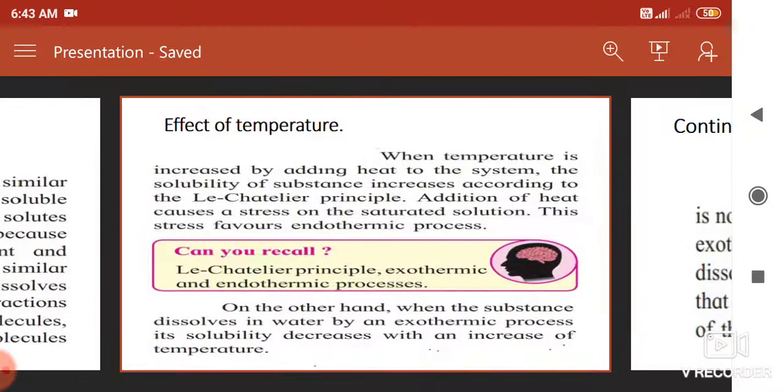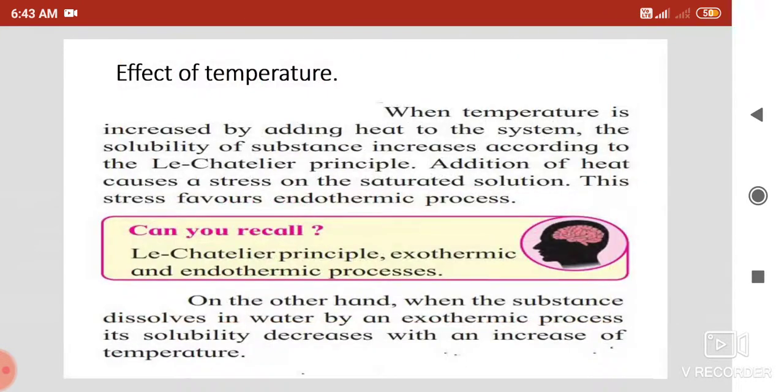The second factor is the effect of temperature. When the temperature is increased by adding heat to the system, in the case of an endothermic process, which needs heat, we have to heat the system.